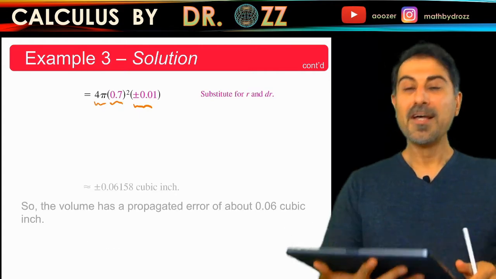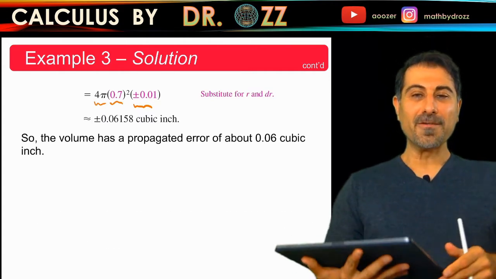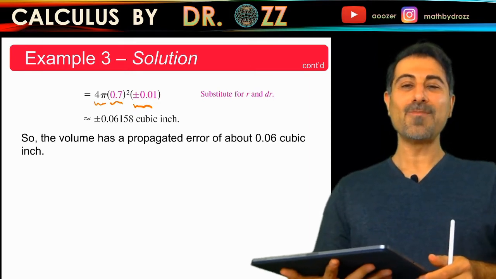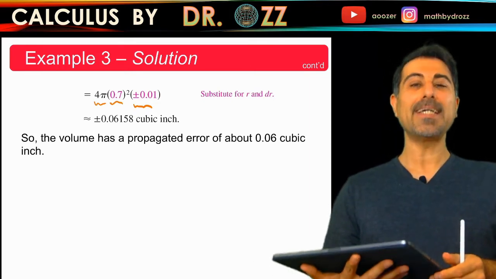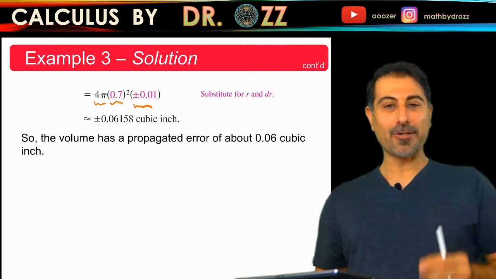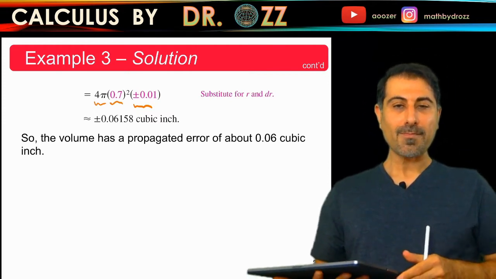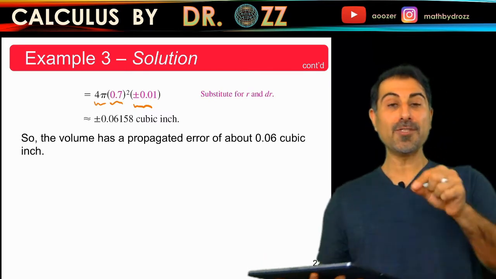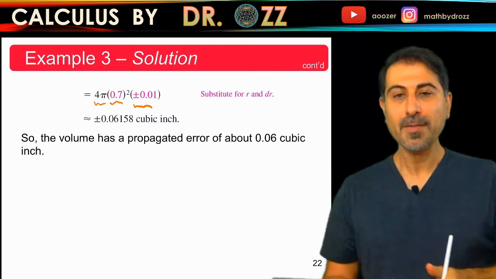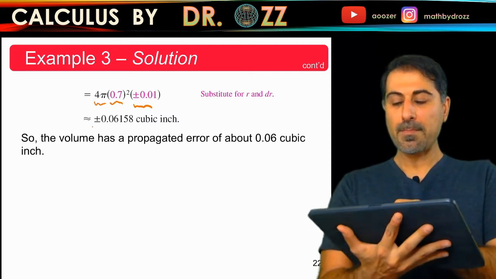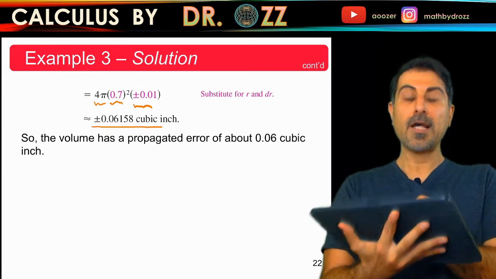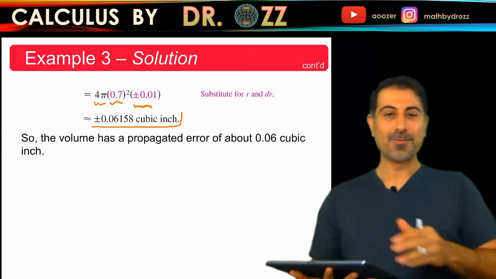We get the differential of V calculated as plus or minus 0.06158 cubic inch. What that means is if you make an error in the measurement up to 0.01, and if you use that measurement to evaluate another quantity, like in this case volume, you make this much error, and you see that this error is propagated through this calculation.